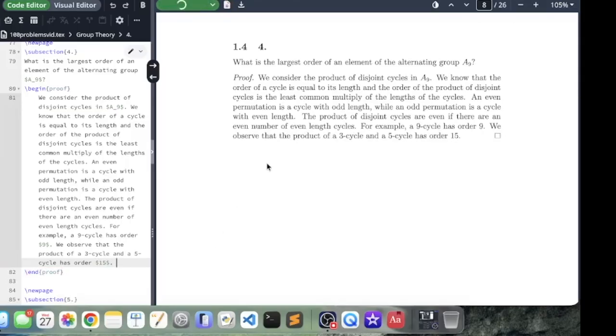Okay, and essentially my claim is that every other permutation either has smaller order, or is an odd permutation.